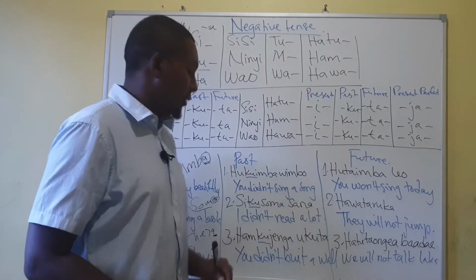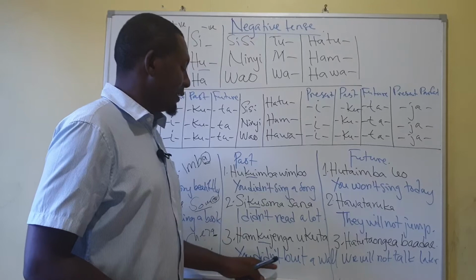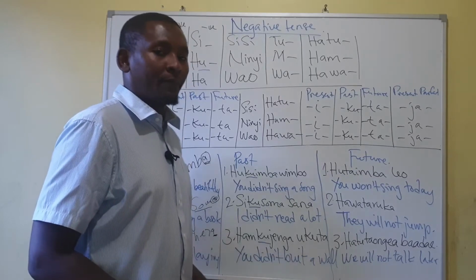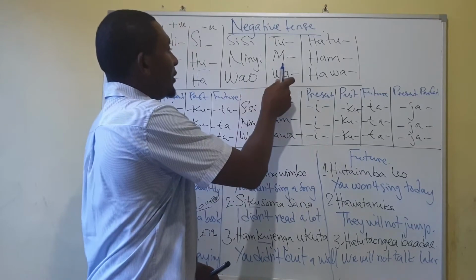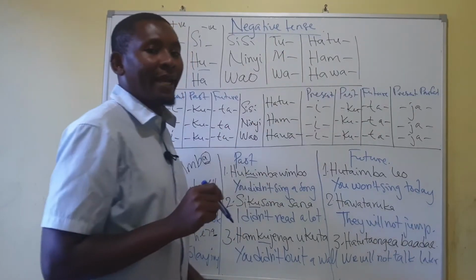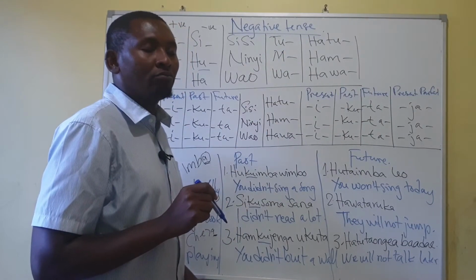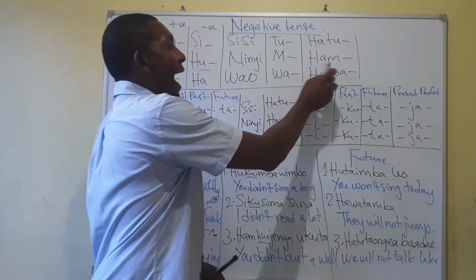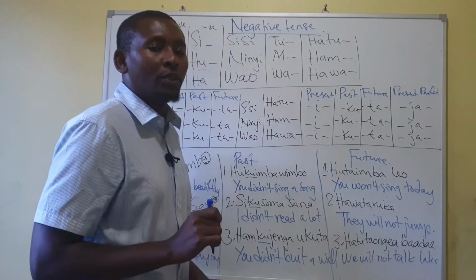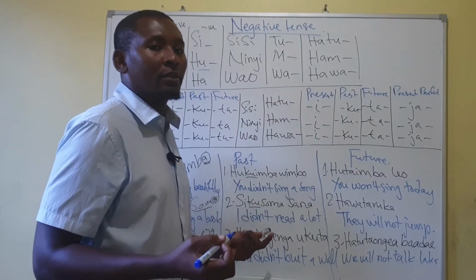You didn't build a wall. Mlijenga ukuta, like here. You built a wall. Hamkujenga ukuta. You did not.